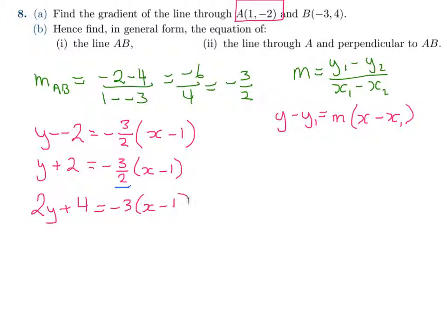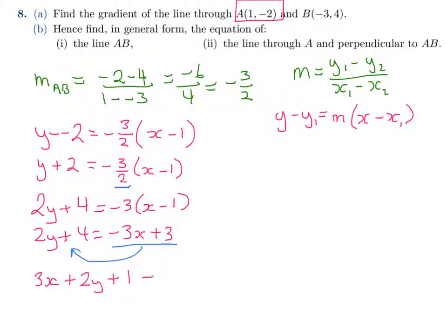We hate fractions, but now they've disappeared. We can now expand, so 2y plus 4 equals minus 3x plus 3. And let's move everything over to this side so the x is positive. So we get 3x plus 2y plus 1 is equal to 0.